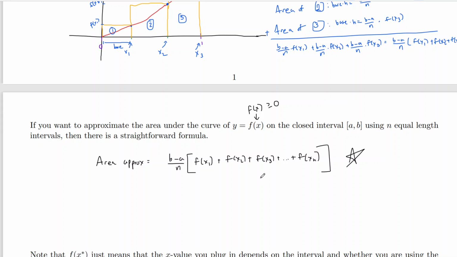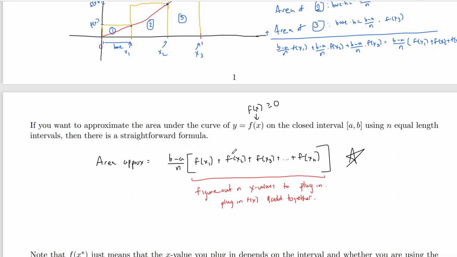All right, so you do have to know this formula, but in words, what this is saying is figure out the n x values to plug in. So like for this one, x1, x2, x3, we could have figured out the actual x values to plug in. Then plug in f of x and add together.